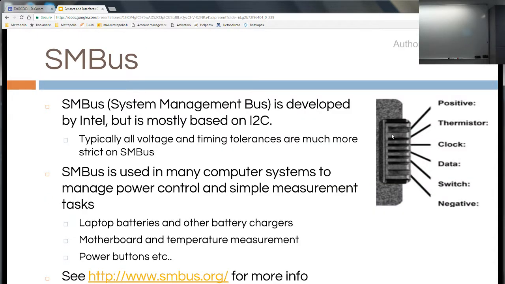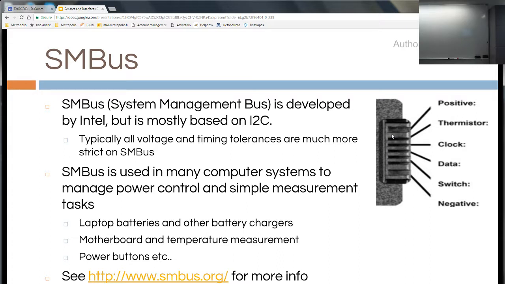Okay. Then there's also kind of an extension for the I2C. It's SMBus, system management bus. So fundamentally, it uses I2C, the signals.